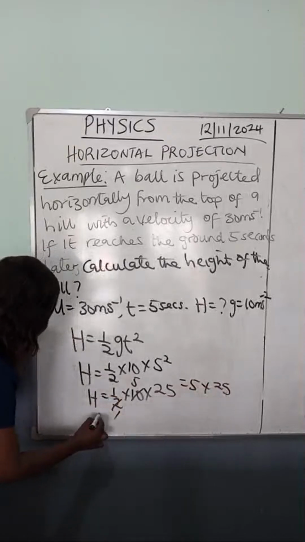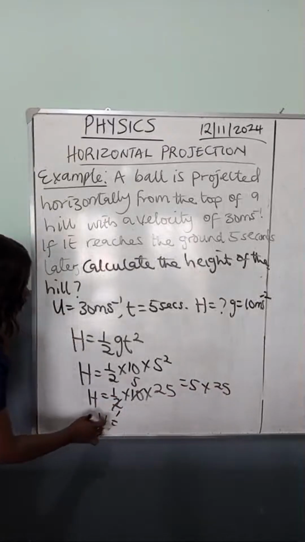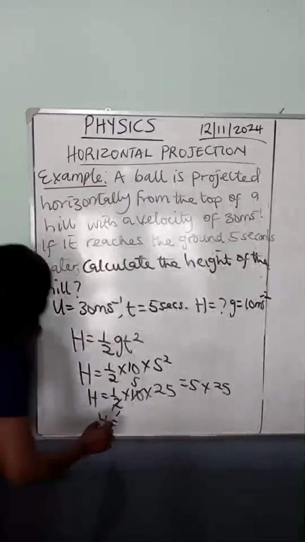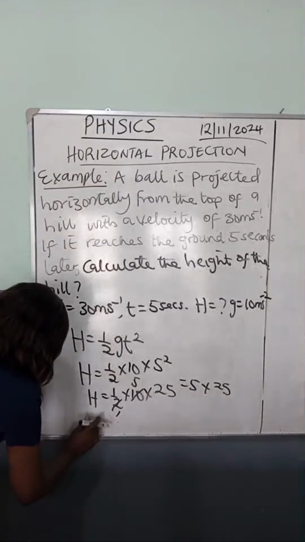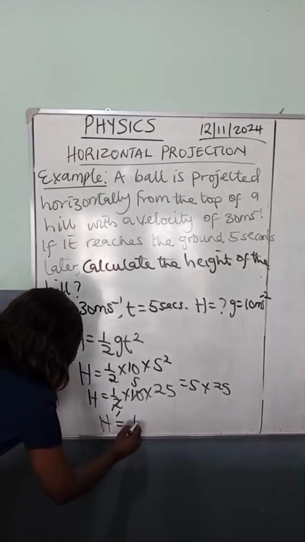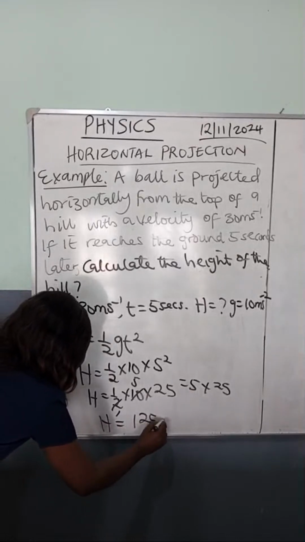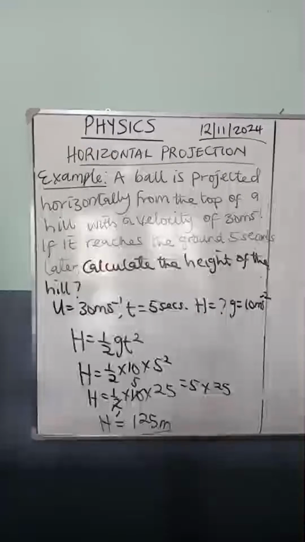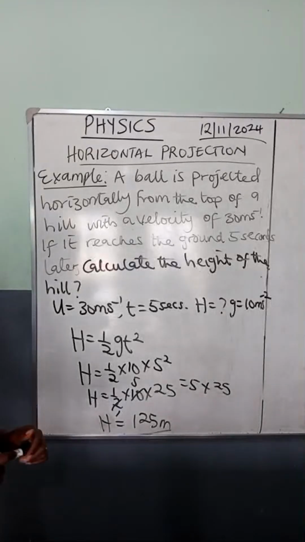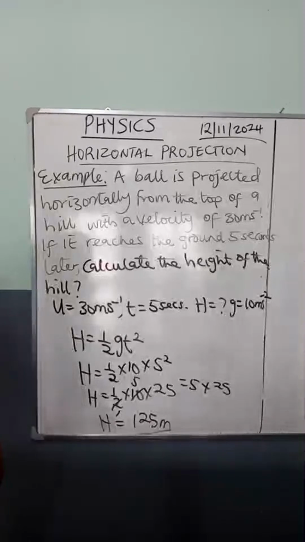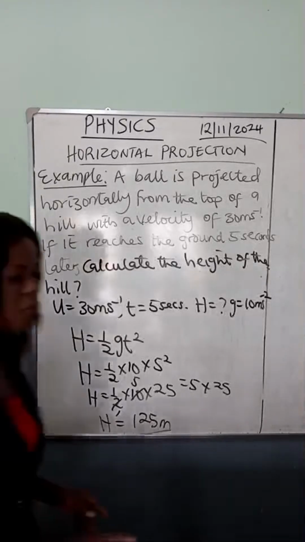When you multiply, that side becomes what? 125. So that side is 125 meters. Okay? Alright. So copy fast. Let's do more examples.